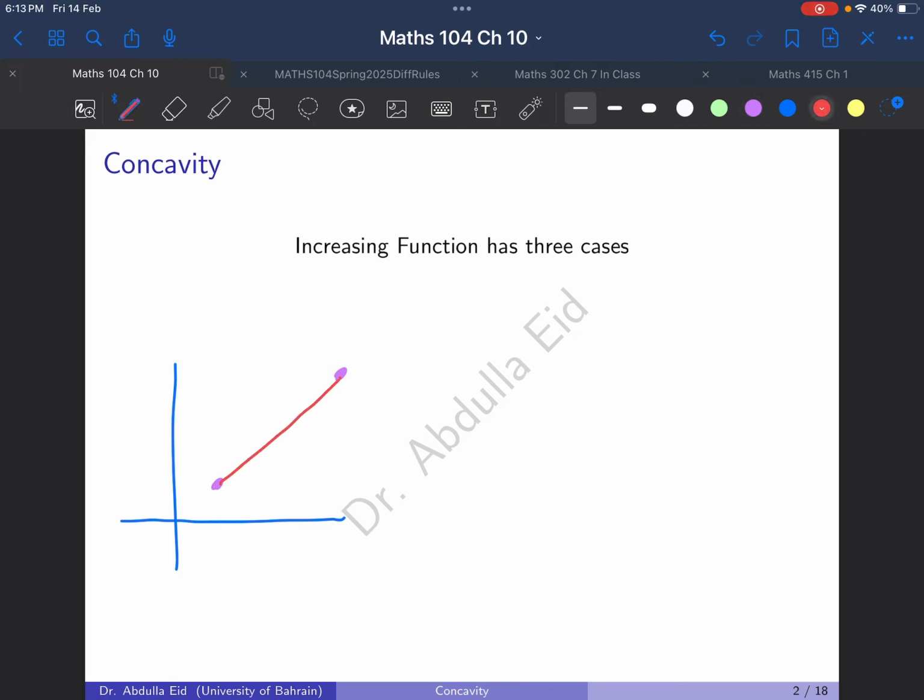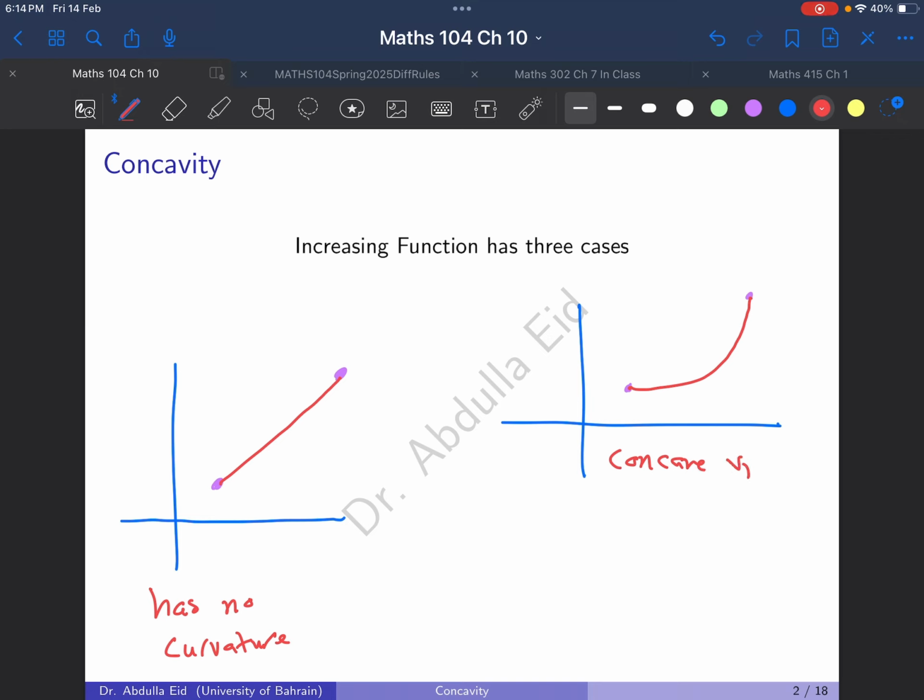Either a straight line, which means it has no curvature. It doesn't turn, it's like a straight line. Or you can just go like this, and if you can see, it's concave upward. If you try to imagine how the function goes, it goes upward like this.